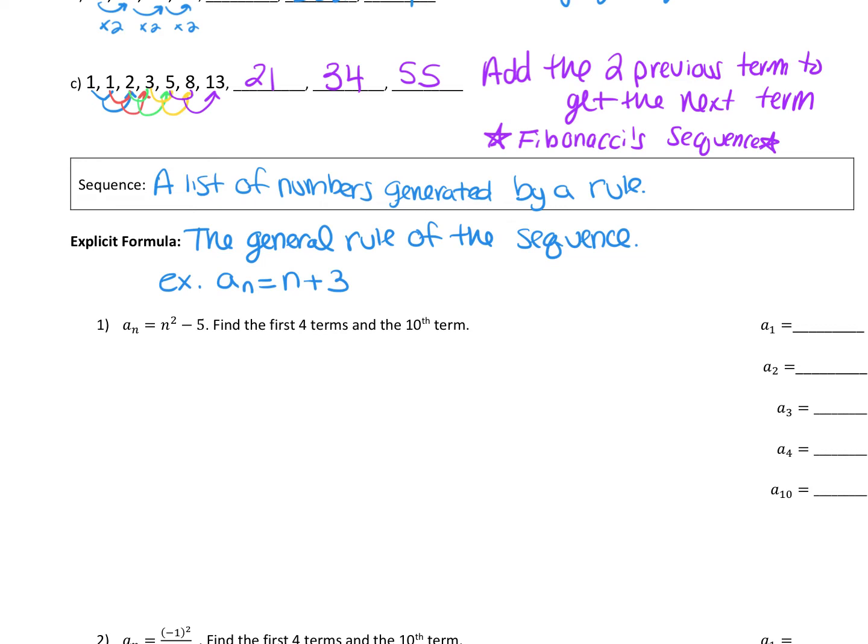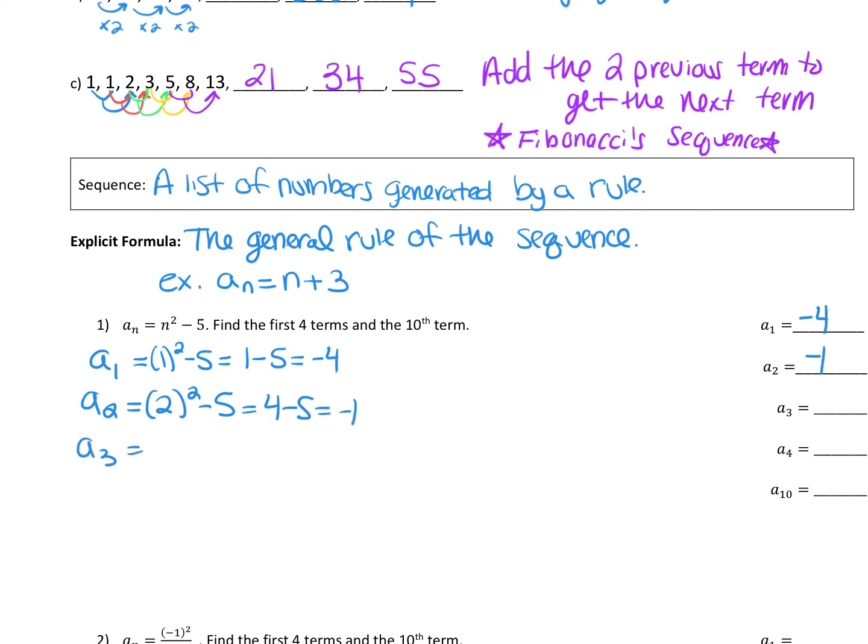In this first example, it says a sub n equals n squared minus 5. Find the first 4 terms and then find the 10th term. If I want to find the first term, that means I want to find a sub 1, which means I plug in 1 for n. I would get 1 minus 5, which would be negative 4. For the second term, I plug in 2 for n and end up with negative 1.